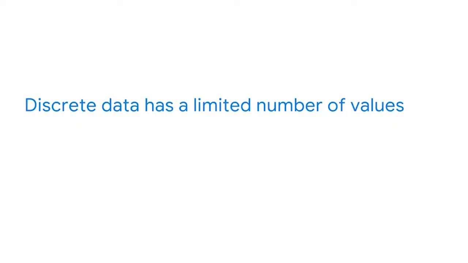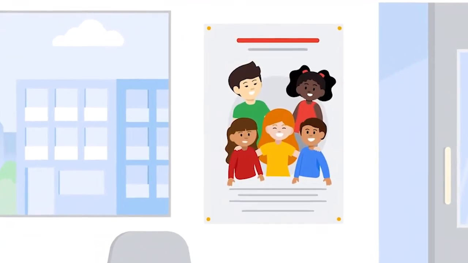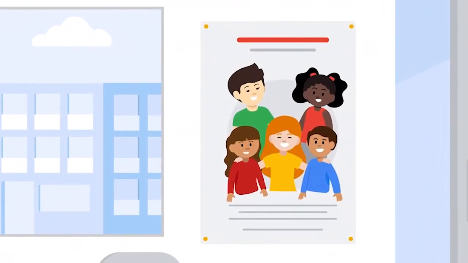If you'd like to review those lessons, go ahead and do so. As a quick refresher, discrete data has a limited number of values, and continuous data can have almost any numeric value. For instance, the number of students in a class is discrete data. This is because the class roster is finite, and it's impossible to have a value of, say, 1.5 students.